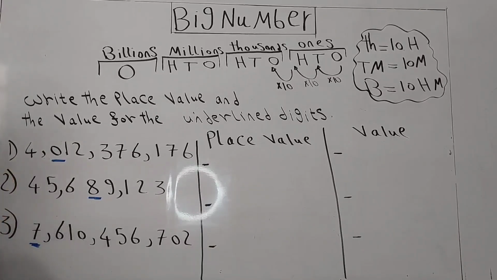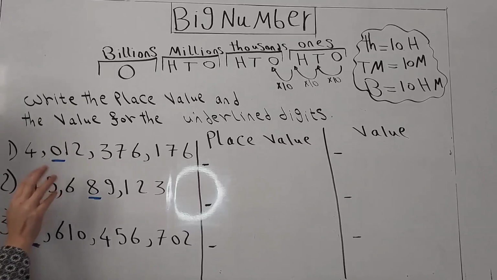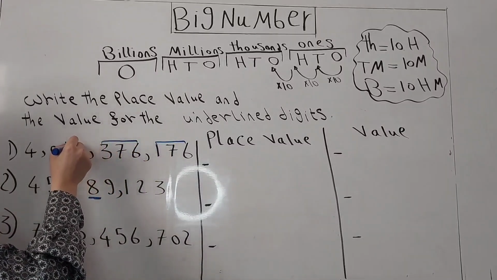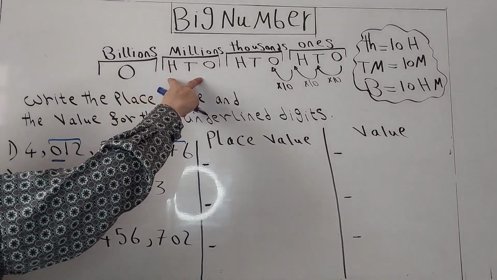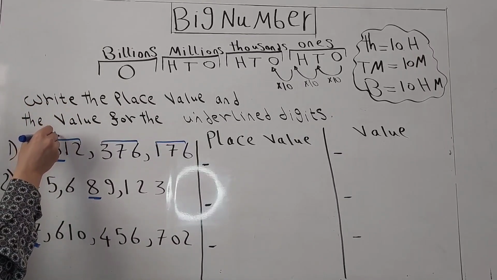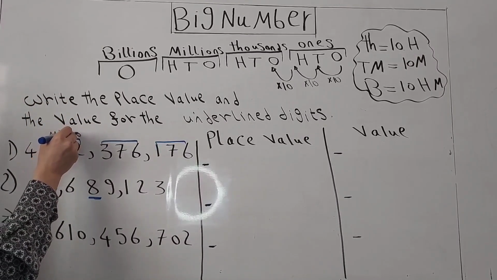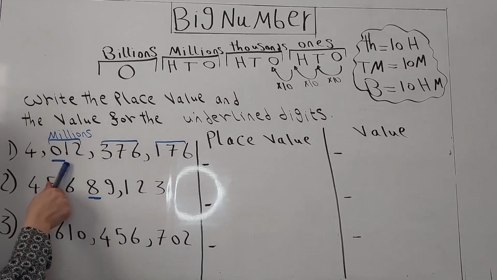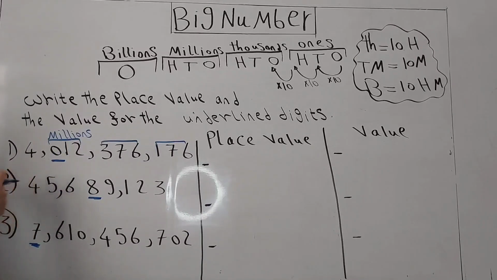The first one, the place value for the digit 0. In which family? First, second, third. The third family is called millions. In which place? Ones, tens, hundred. In hundred what?